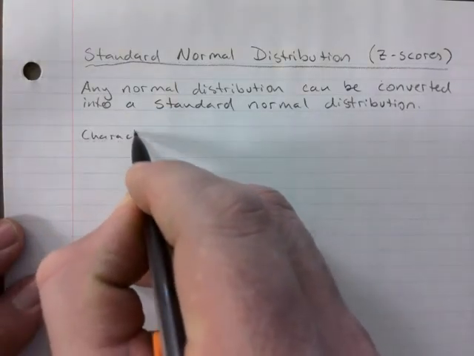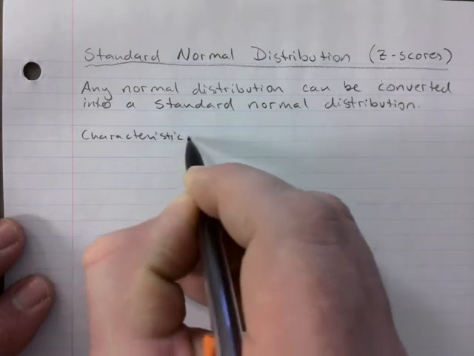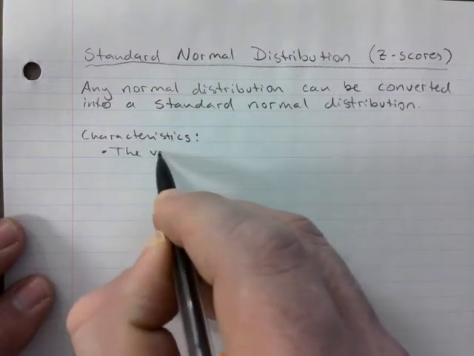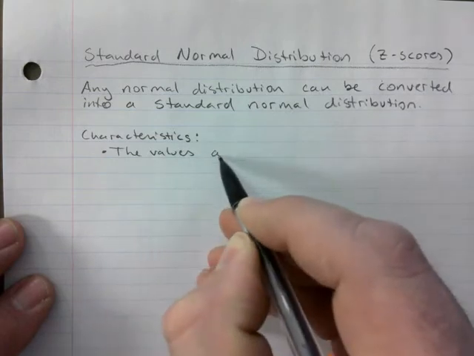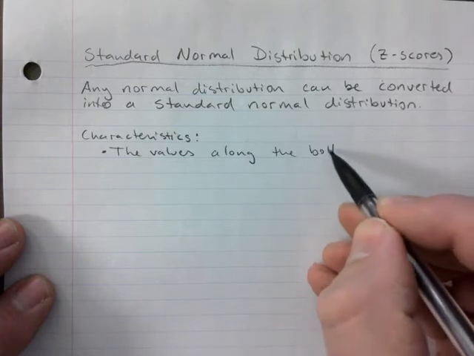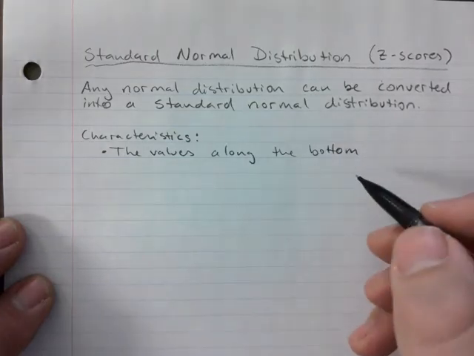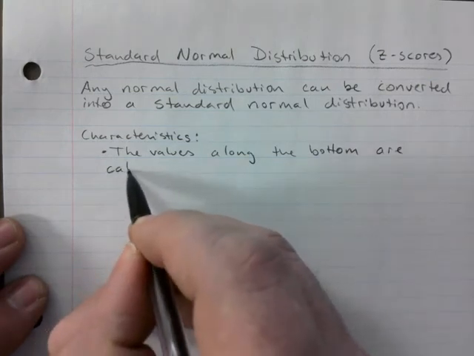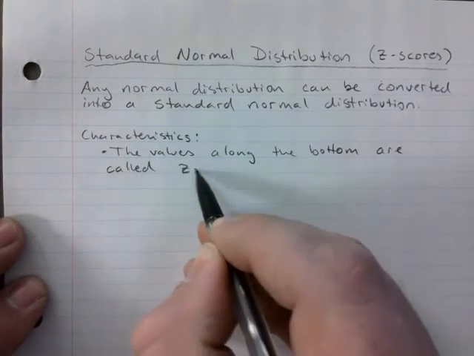Characteristics. The values along the bottom are called z-scores.